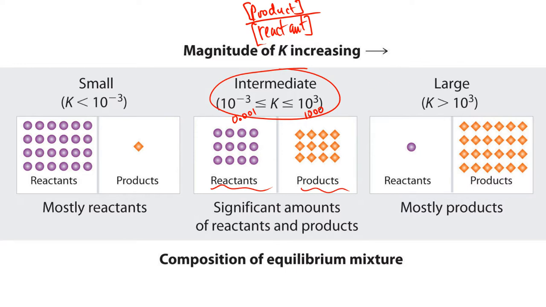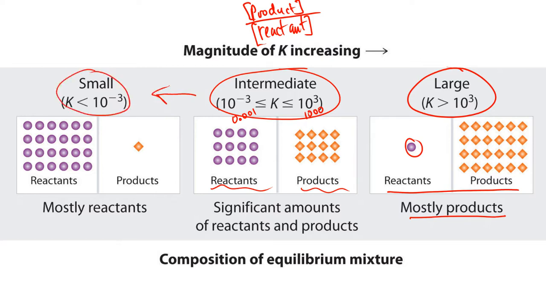If we move to the right to get that very large KEQ value, we're talking like 1,000 or larger, and it could be much larger, then again, visually, this just shows us what we had on the last slide. You're mostly products with a very small amount of reactants compared to those. Going the opposite direction, the opposite's true. To get that very small KEQ value, you must be mostly reactants compared to a very small amount of products.